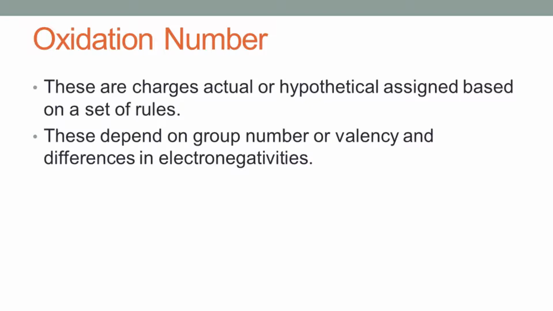We can assign oxidation numbers to elements based on their valencies, where they have completely lost electrons or gained electrons, or depending upon their difference in electronegativities. Therefore, we consider these charges as hypothetically assigned based on a set of rules which will help us in balancing equations using concrete rules.